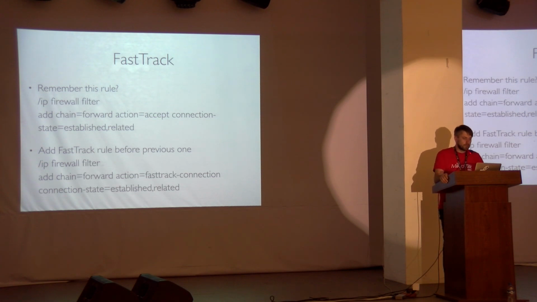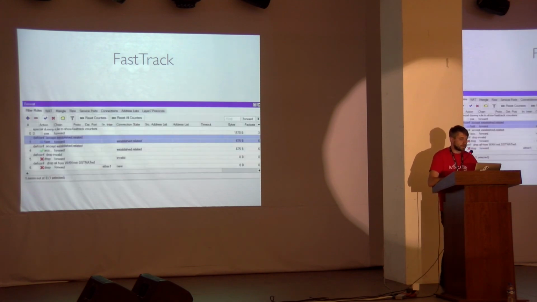By adding this rule on a RouterBOARD like 2011 or hEX, you will get much more performance. It is a great way to get bigger traffic over your router with just one simple rule. This is how it looks, and all those packets are being fast-tracked, and you get higher and faster bandwidth over your device.